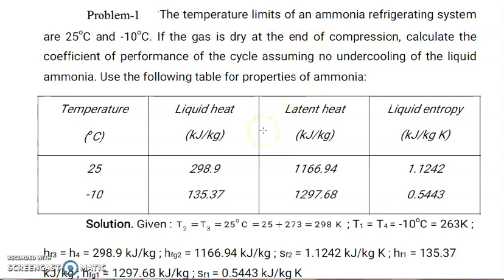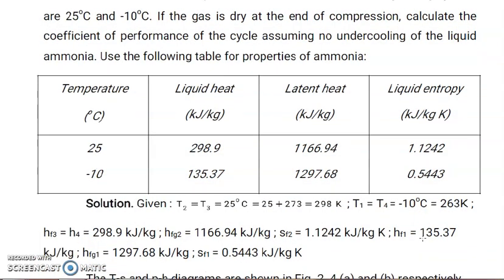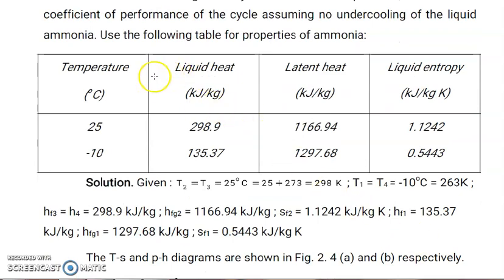So then you come to the refrigerant properties. How to write the refrigerant properties mathematically? The enthalpy values are given for the temperature limits 25 degrees Celsius and minus 10 degrees Celsius. Accordingly, the liquid heat, latent heat and liquid entropy are given.